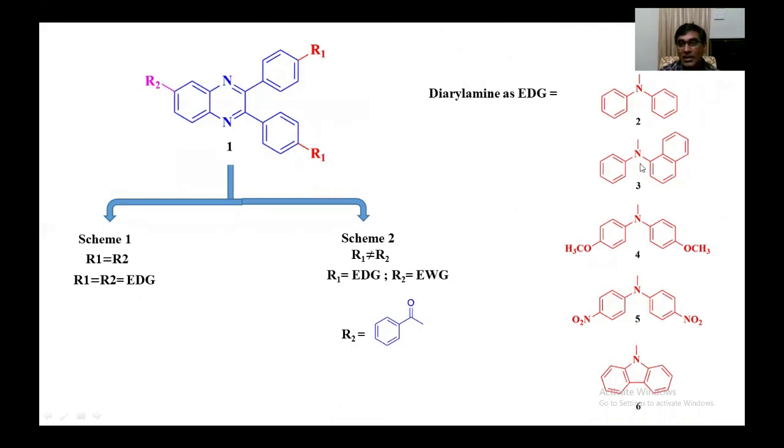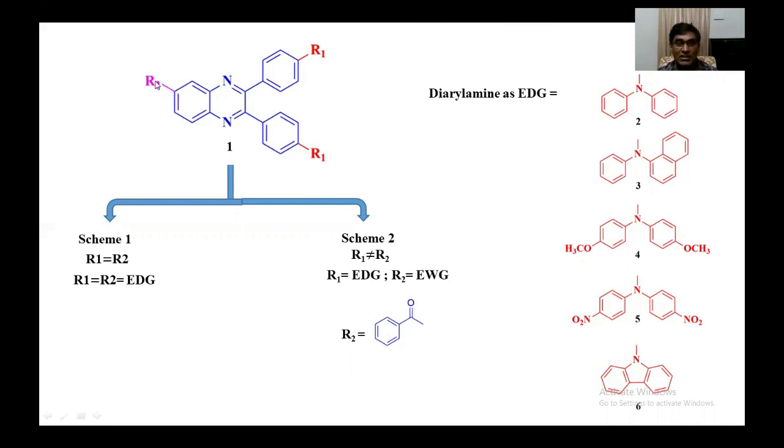And R2 is a different group here, the benzoyl group, which adds an electron withdrawing group, which again makes this quinoxaline more electron deficient. We studied the effect of this group on this electron acceptor, and by adding these donors on the right side of this molecule.